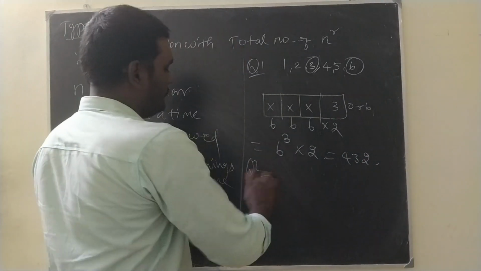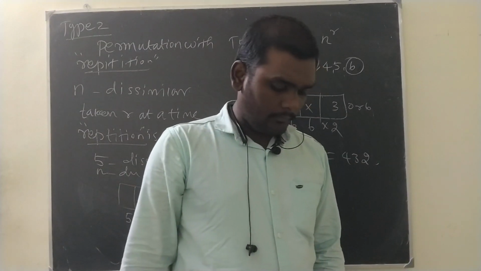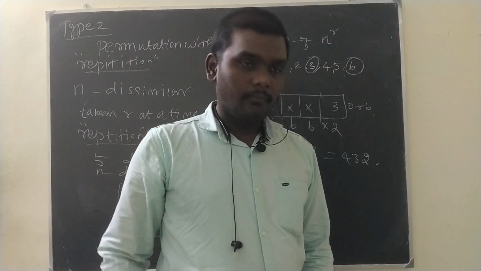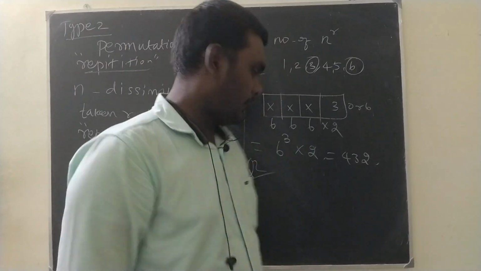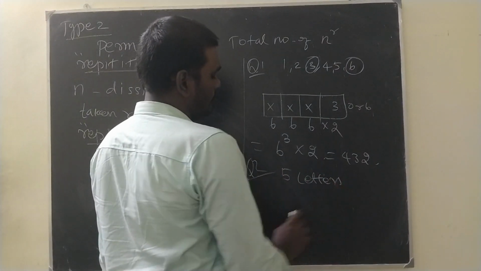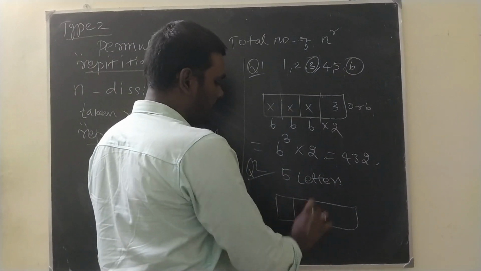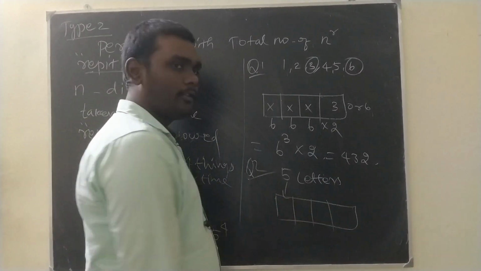See question number 2. What is there in the next question? Read it. In how many ways can 5 letters be posted in 4 post boxes? So 5 letters, we have 4 post boxes. Either all the 5 letters can be posted in one box.